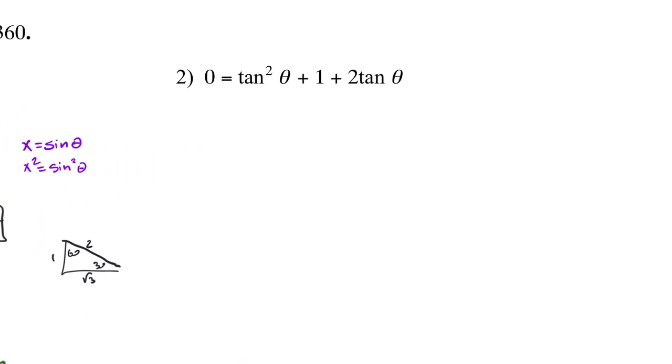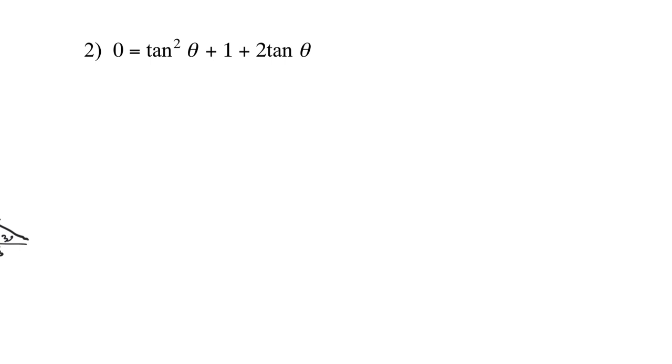Go to the next one. Again, in this case, I'm going to rearrange this as tangent squared of theta plus 2 tangent of theta plus 1 equals 0. Again, I'm factoring here. If you need to substitute as I did on the previous one, you can always do that.